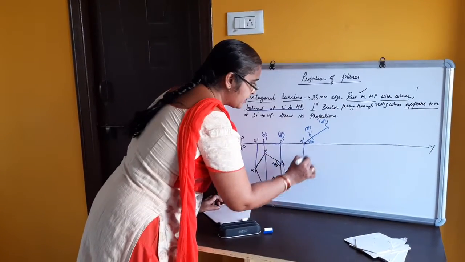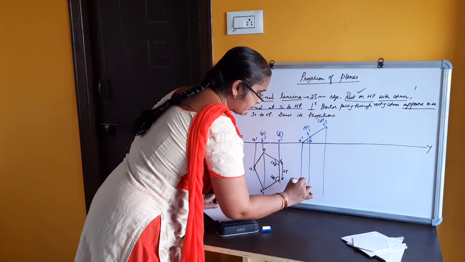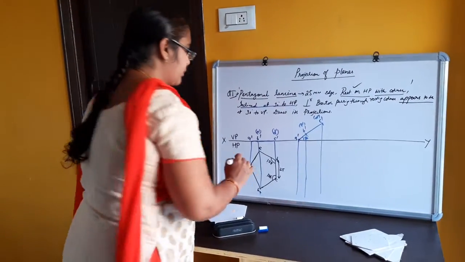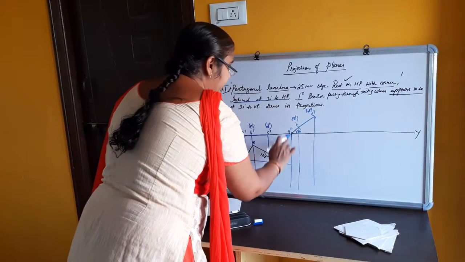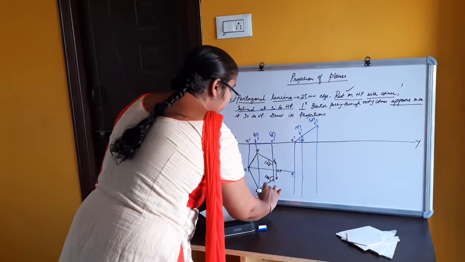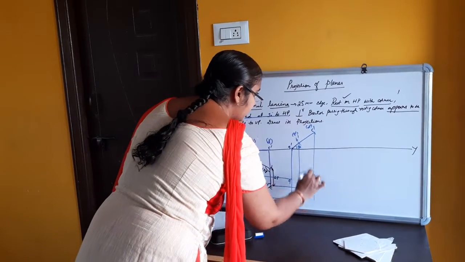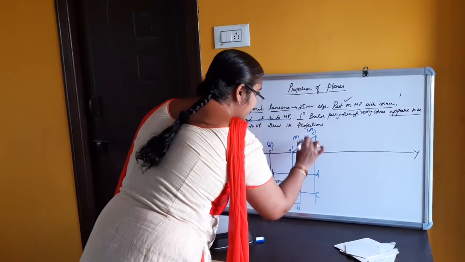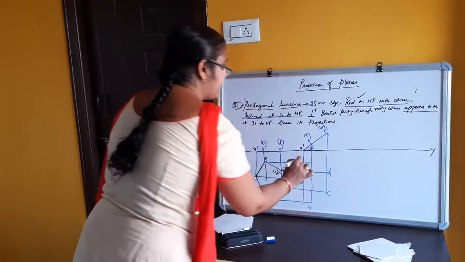Let me draw the projection lines. Now project these points to get the top view. The point A is projected here: A horizontal projector, A dash vertical projector, they meet at this point, call it A. Similarly, B horizontal, B dash vertical meet here, C horizontal, C dash vertical meet here, D horizontal and D dash vertical meet here, E horizontal projector, E dash vertical, they meet at this point.